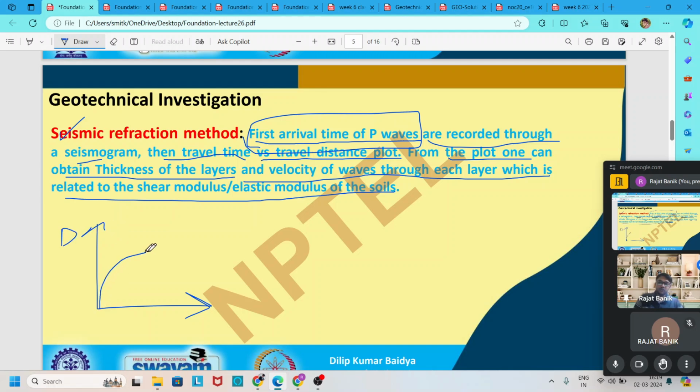By this plot, we find the thickness of the layer and the velocity of the wave. Based on these velocities, we find the shear modulus and elastic modulus by some correlations, because this velocity depends on the layer's shear modulus and elastic modulus. In this way, we can easily find the properties of soil at a greater depth.